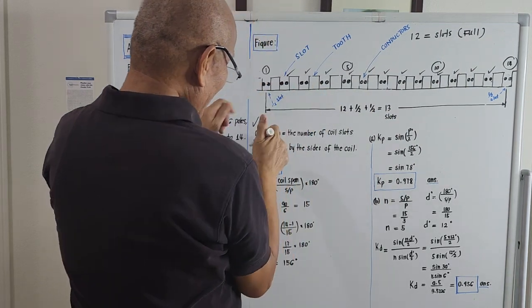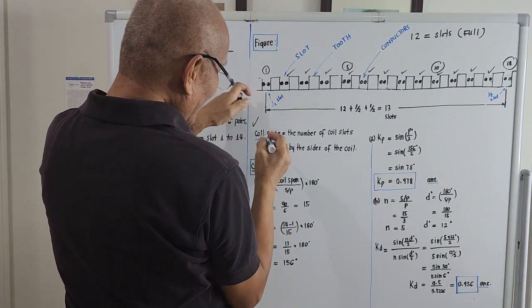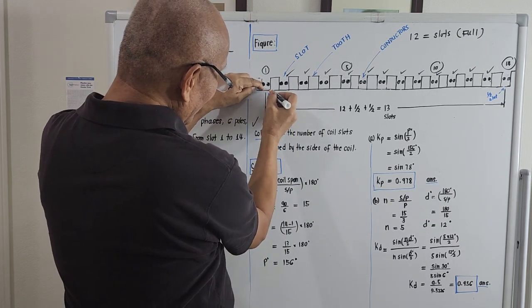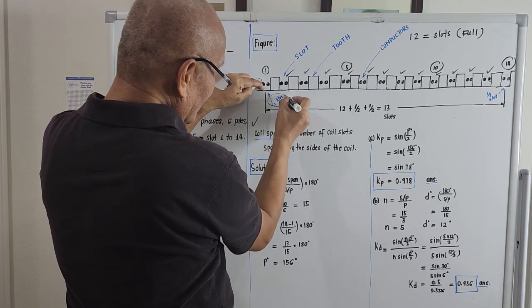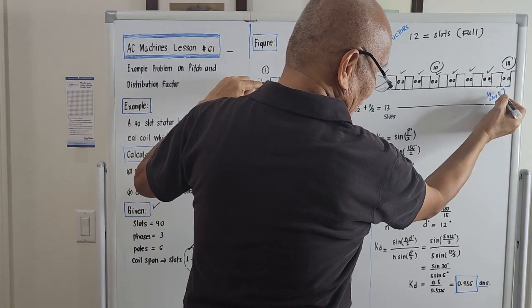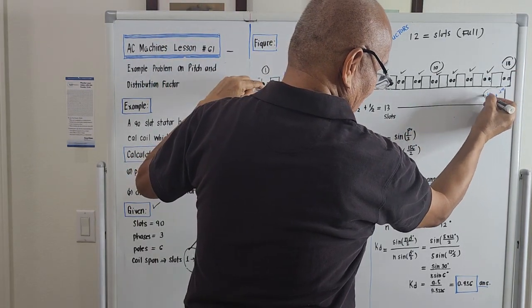Considering slot number 1, the measurement is actually at the center, so we are only considering 1/2 slot over here. And on the other side, on slot number 14, we are only considering 1/2 slot.